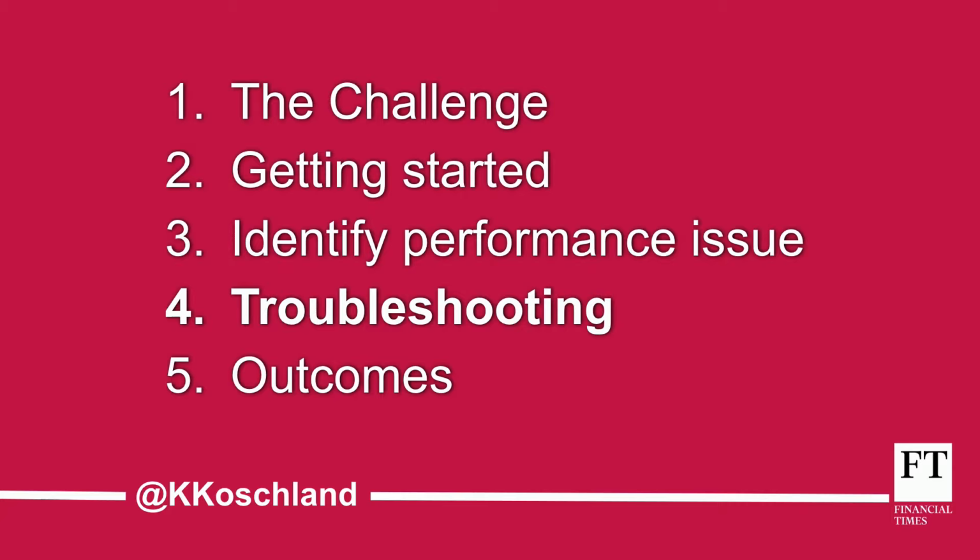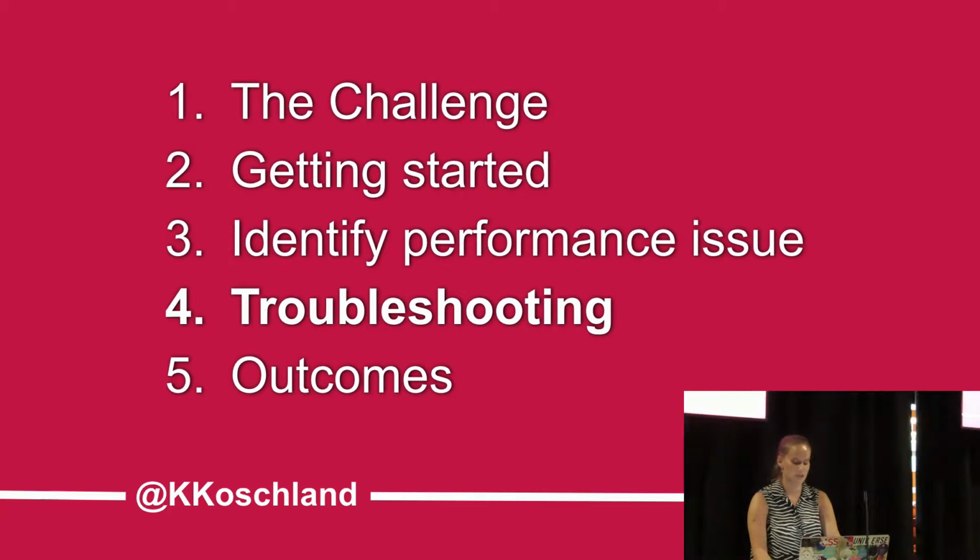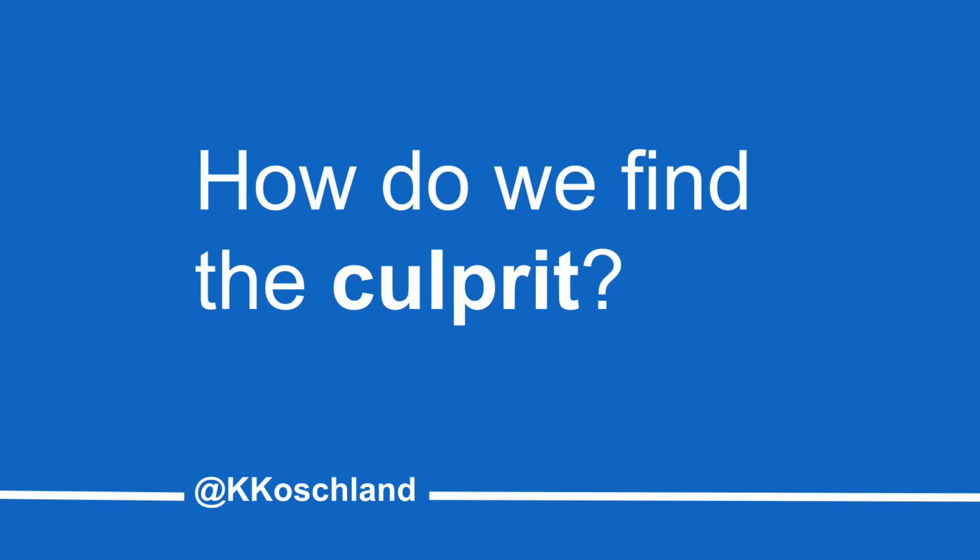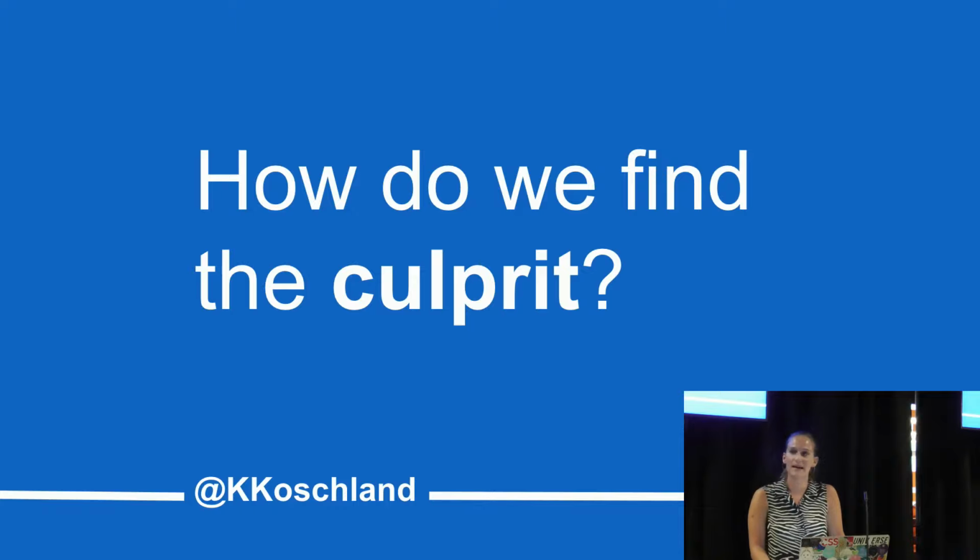Right, so now we've got a performance issue. How do we find the culprit? So we ran several tests singling out each query and sending the metrics to Graphite and Grafana. And after a couple of attempts, we had found the culprit.